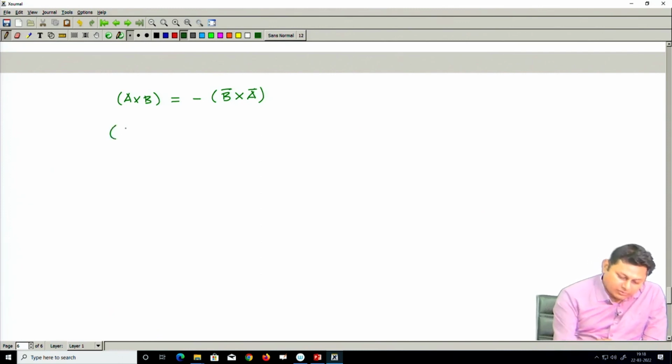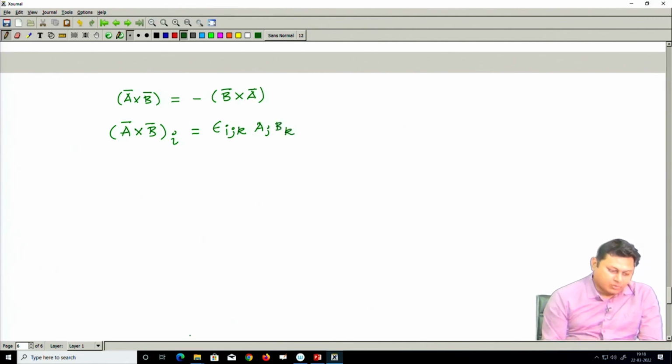So, now we are going to prove this using this Levi-Civita symbol. So, A cross B, I need to put the vector sign here, its ith component is simply epsilon i j k A j B k, that is the way one can have.